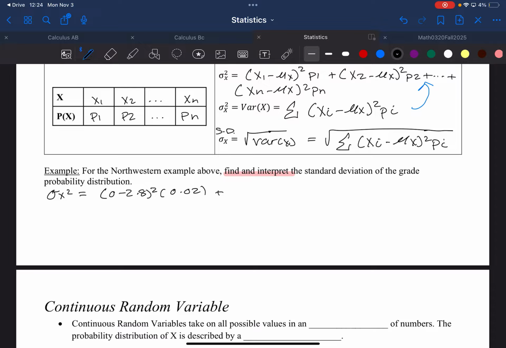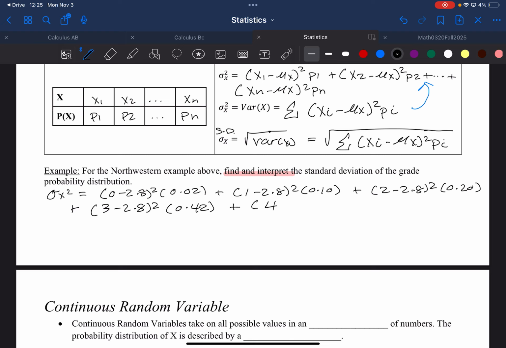Then we do that for x equals 1. So 1 minus 2.8 squared times 0.10. Then for x equals 2, 2 minus 2.8 squared times 0.20. Then for x equals 3, 3 minus 2.8 squared times 0.42. And then lastly, for x equal to 4, that is 4 minus 2.8 squared times 0.26.